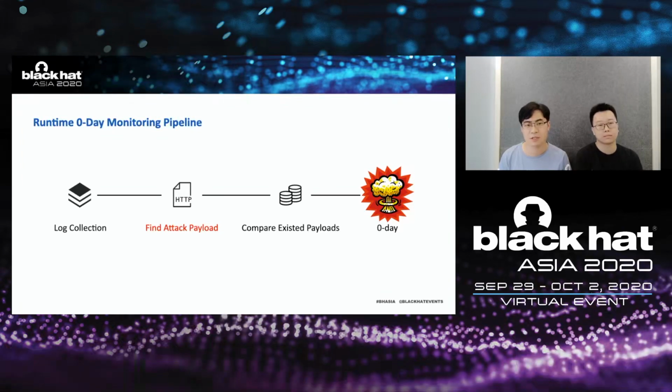Next, we use another algorithm to filter out existing n-day payloads in our exploit database, and the rest will be sent to a security expert to confirm if it's 0 day and evaluate its damage to the cloud. The most difficult thing is digging 0 day automatically from massive HTTP logs. Let my partner Huang explain how we get this done.